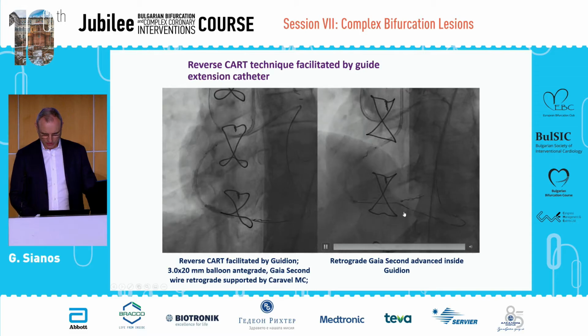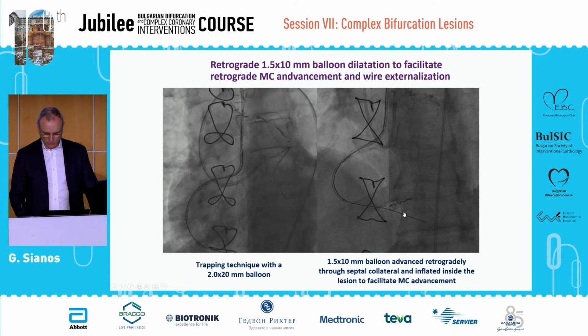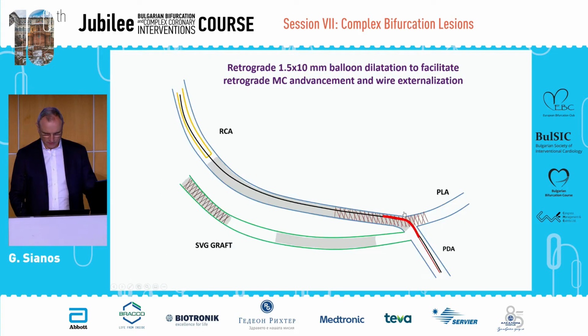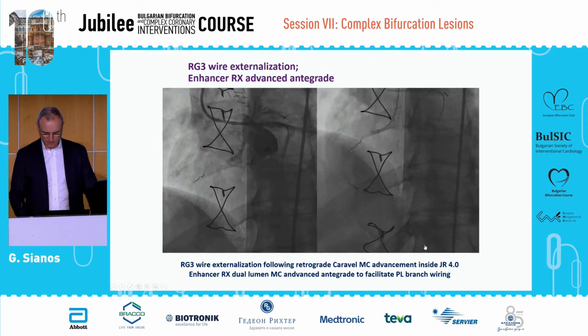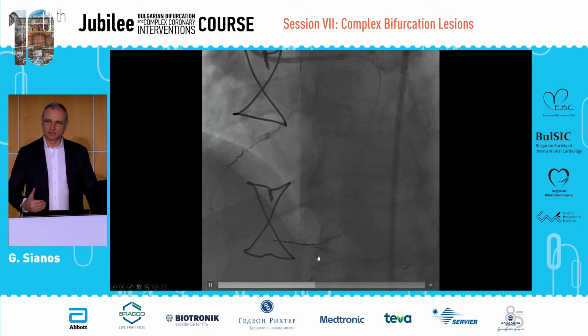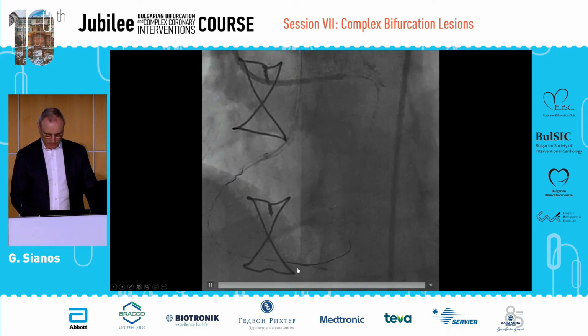You can appreciate here, we got into the guiding catheter extension. We did all the pre-dilatation through this externalized wire, and you can appreciate exactly what I told you. You have to puncture the right side. The wire was externalized. And then what happened here is the guiding catheter extension, right puncture of the stent, and then you take a dual lumen microcatheter that you insert here.